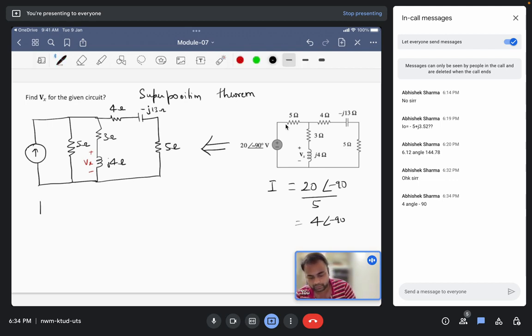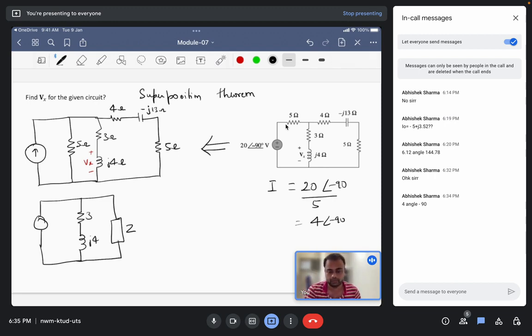So the current source here is simply a resistance, an inductor, and an equivalent resistance, suppose let's call it Z. So 3 and J4 are the impedances. So please tell me what will be the equivalent resistance of these three components in parallel with the 5 ohm resistor. Please calculate the value. The first three components are in parallel.